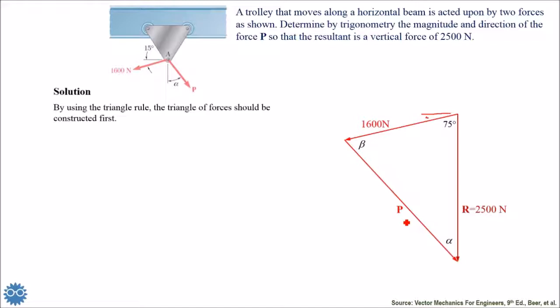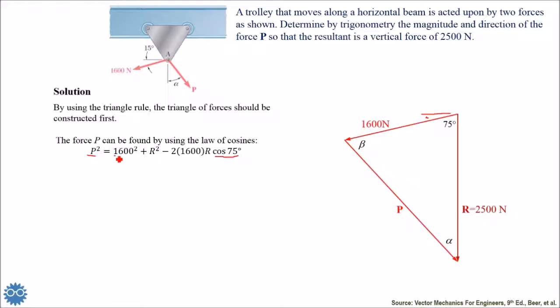So we should use here the law of cosines. The force P can be found by using the law of cosines. In the law of cosines, we need one angle, the angle facing the unknown force or unknown side of the triangle. So we have cosine 75, which is facing P, and we need the other two sides only. We don't need the angles, we need the two sides.